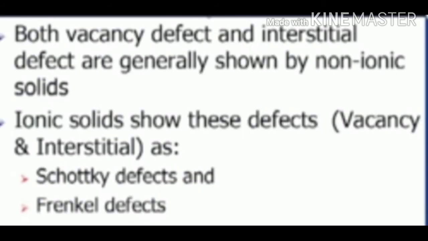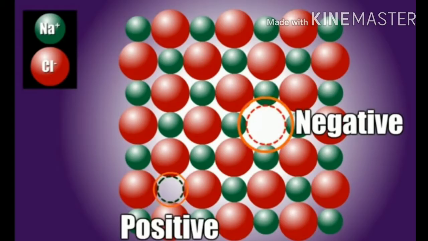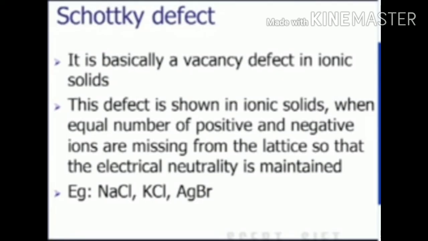Now we know that the vacancy and interstitial defects are generally shown by non-ionic solids, but in the case of ionic solids, these defects are known as Schottky defects and Frenkel defects. These are very important from the examination point of view. So first we will discuss Schottky defects.